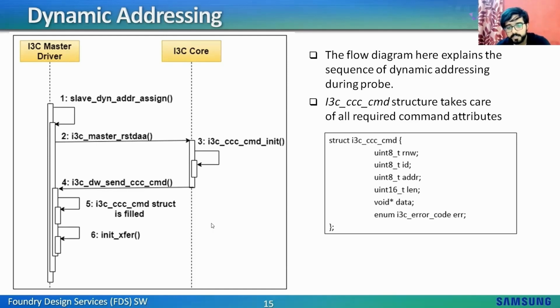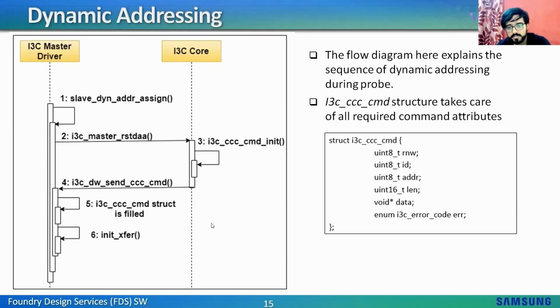Secondly, we have the ENTDAA procedure. This is what our current driver is primarily implementing. It stands for Enter Dynamic Address Assignment. In this, the master device assigns a dynamic address to any I3C device that has not been assigned a dynamic address earlier. This is done using the broadcast specific command code for ENTDAA.